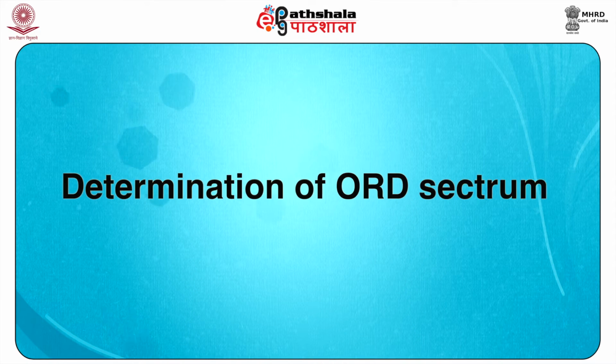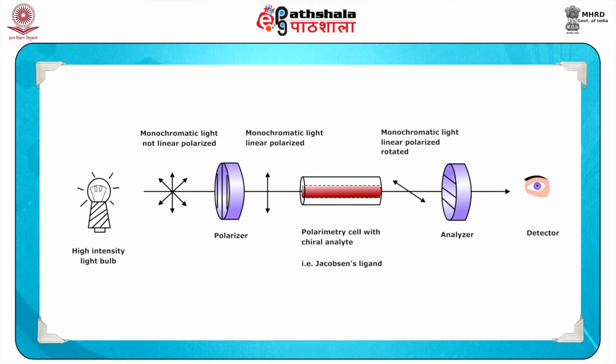How is the ORD spectrum determined? Illustrated in the picture is, first, light is generated by a high intensity source of wavelength from about 190 nanometers to 900 nanometers, which is passed through a monochromator and then through a polarizer.